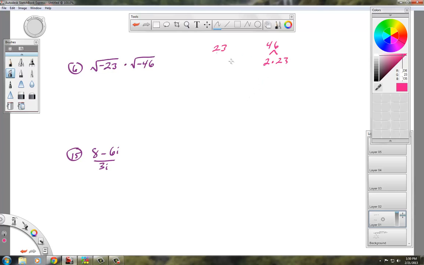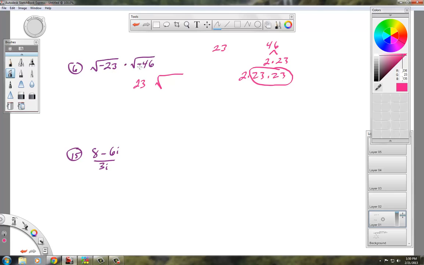This is very interesting because if I now group all three of these numbers together, 2 times 23 times 23, that is, in fact, what 23 times 46 would break down into. I have a pair of 23s, so a pair of 23s is going to make a 23 come out front. The other thing that's going to come out in front is the i's.